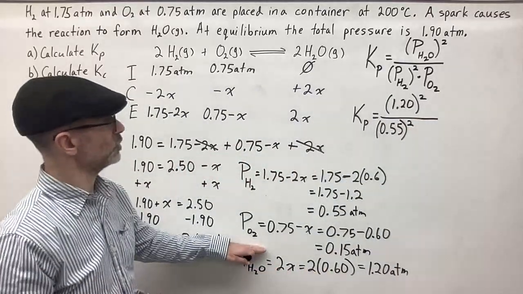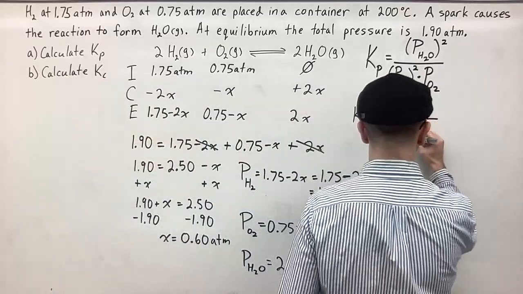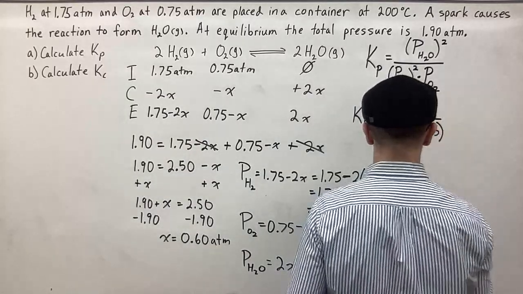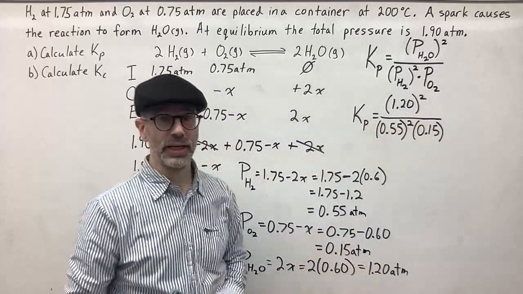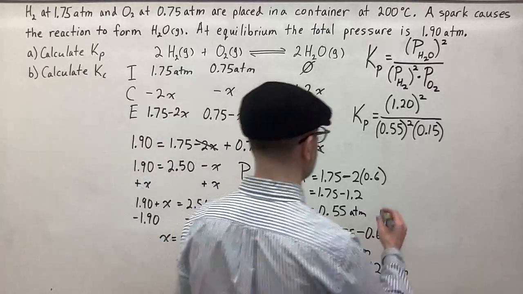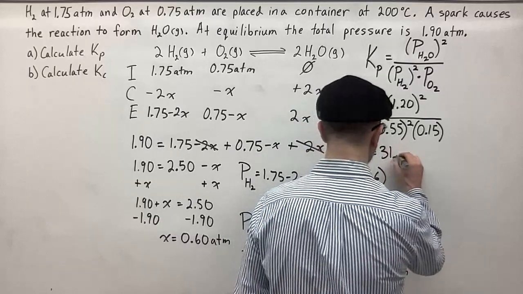And then we have the partial pressure of oxygen, which is 0.15. So we're going to multiply that, 0.15. And so now all we have to do is calculate and find Kp. And when we do that, we get 3173. So Kp is equal to 3173.